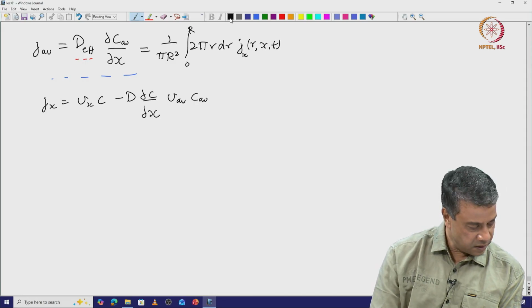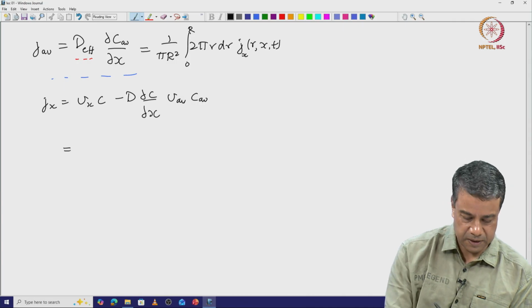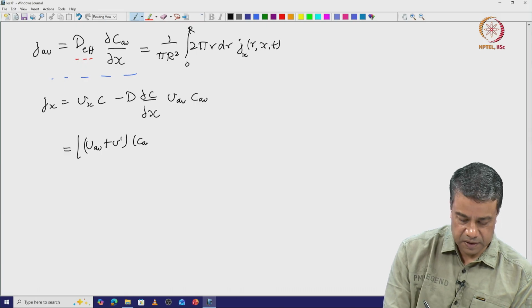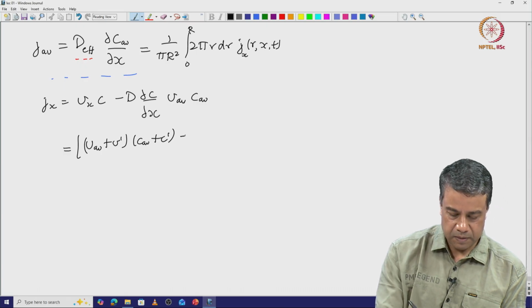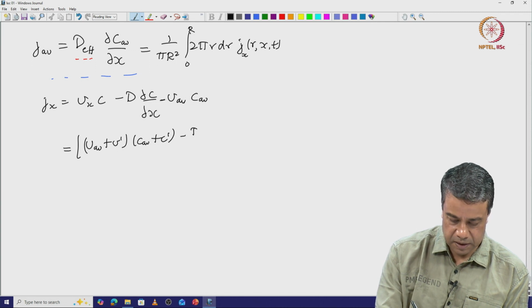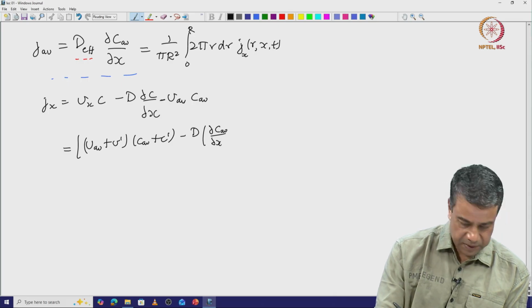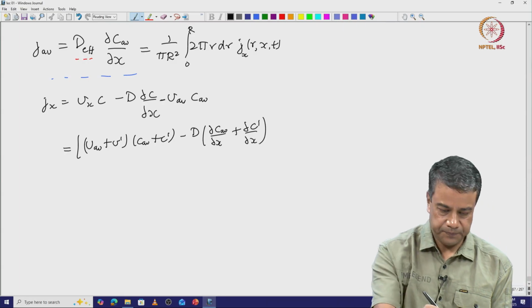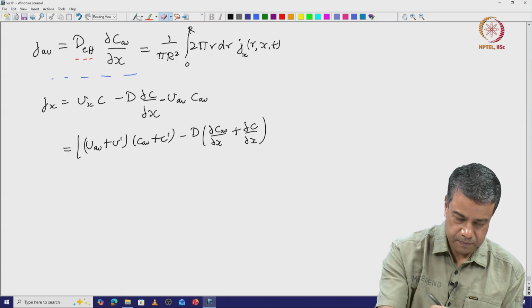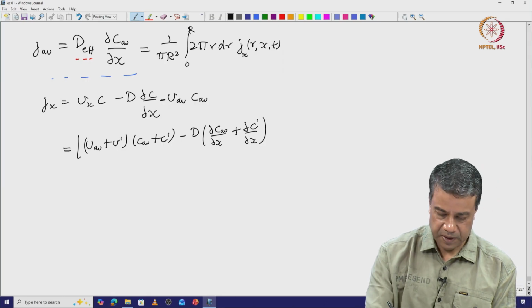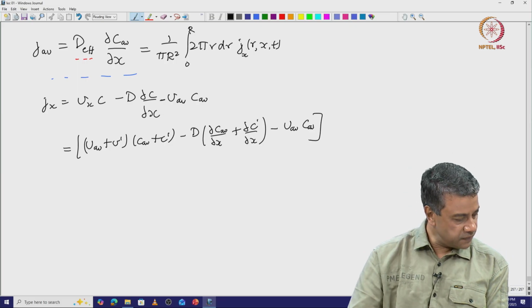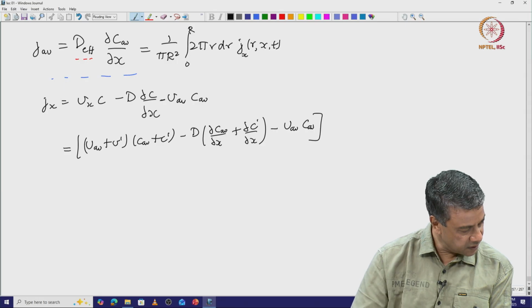So, I can write this, expanding, as V average plus V prime, C average plus C prime, minus D into partial C average by partial x plus partial C prime by partial x, minus V average C average. So, that is going to be the flux in the x direction.